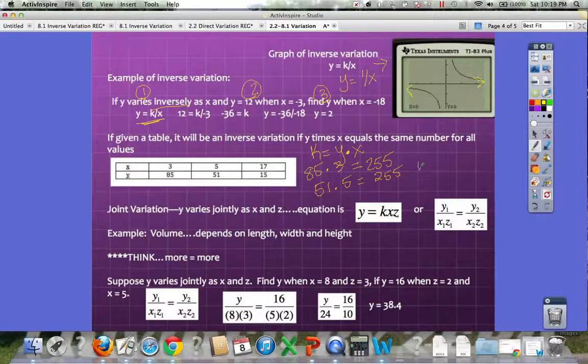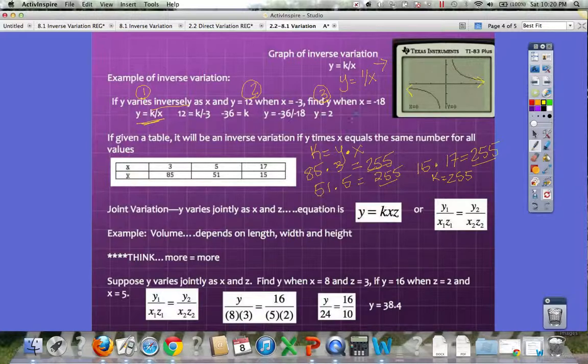And then 15 times 17, does that equal 255? Yes. So 255 is the same all the way through it. That means it is an inverse variation, and that means that 255 would be my constant k in this particular problem. K would be 255.